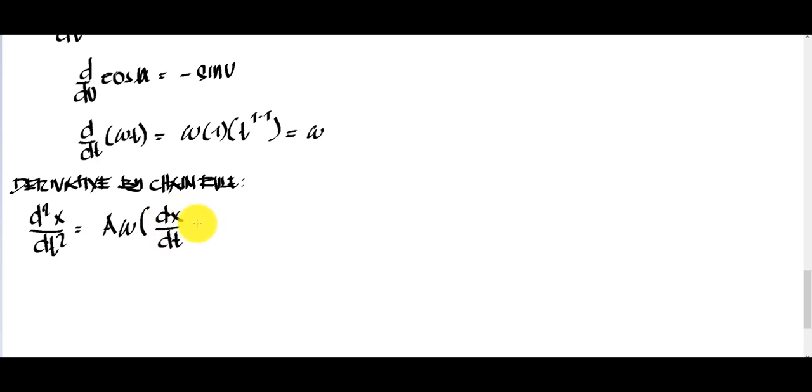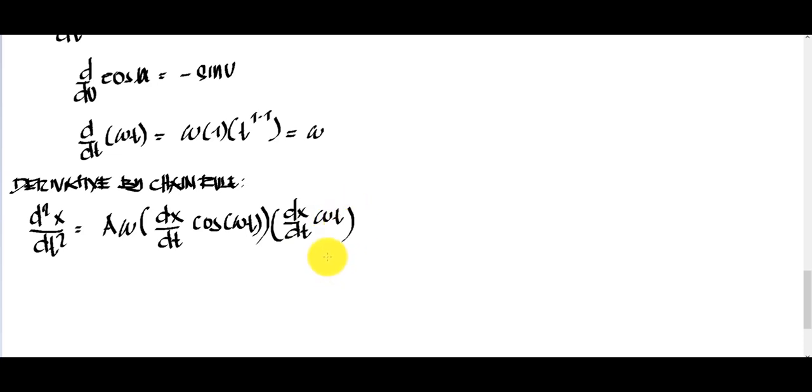So we have the cosine of the angular velocity times time. Then the derivative of x, the function of time, multiplied by the angular velocity and time.